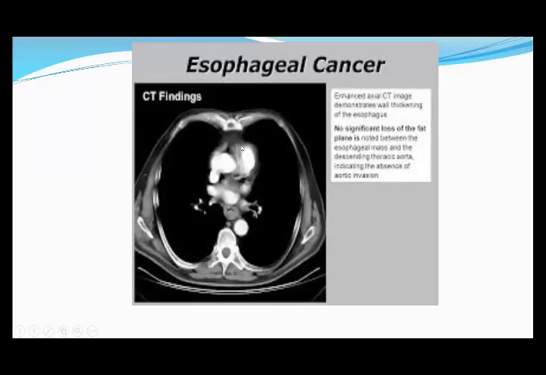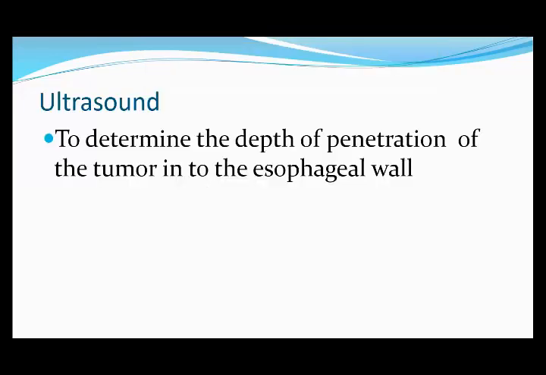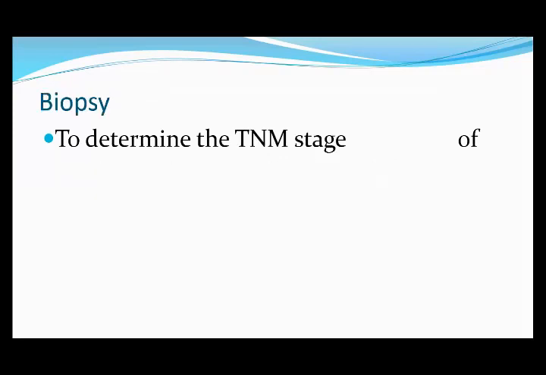Ultrasound is done to determine the depth of penetration of the tumor into the esophageal wall. Biopsy is confirmatory, to have the tissue diagnosis. When the endoscopy is done, at the same time the biopsy sample is taken for the tissue diagnosis.